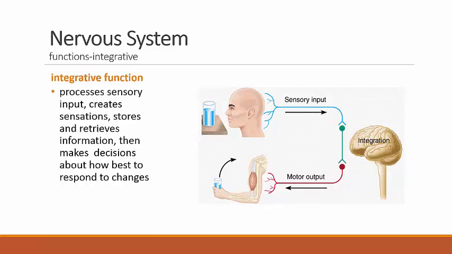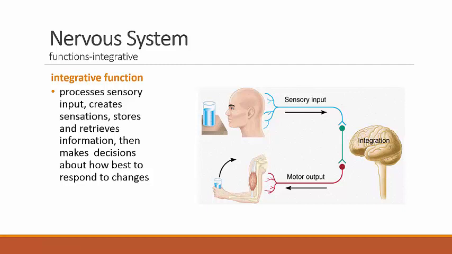The integrative function is what happens in the brain and the spinal cord. With integration, we process the sensory input, create sensations from it so that we have the ability to make sense of it. Yeah, that doesn't help, does it? But a sensation is how we experience it, how our brain helps us to experience a piece of sensory input.